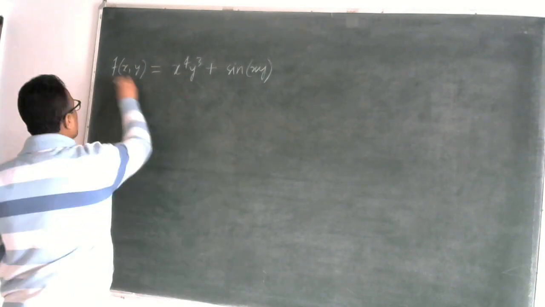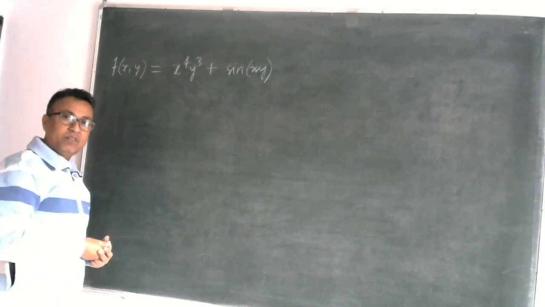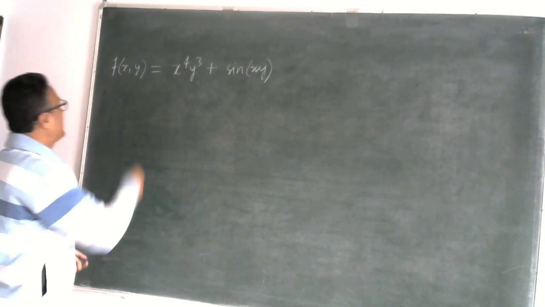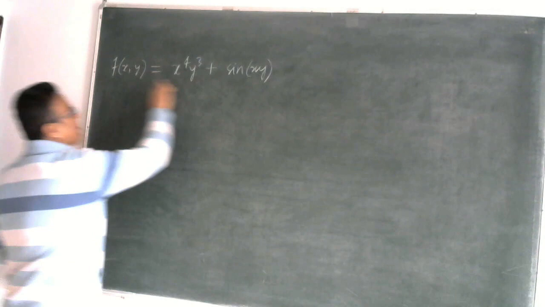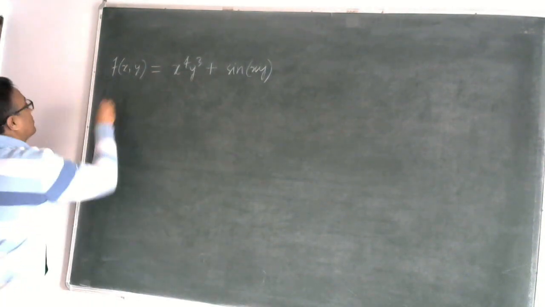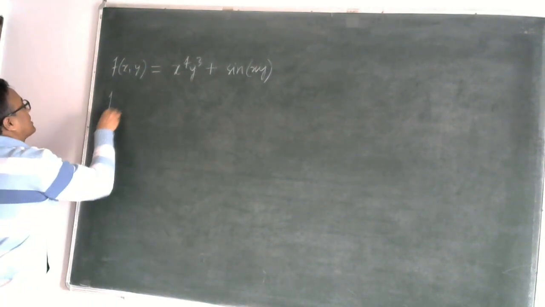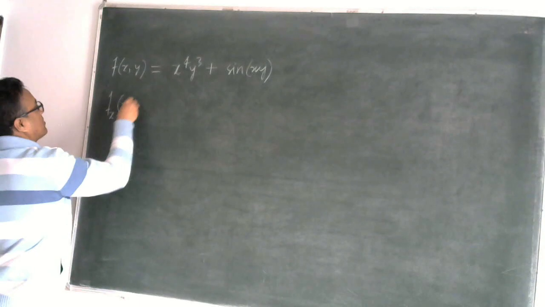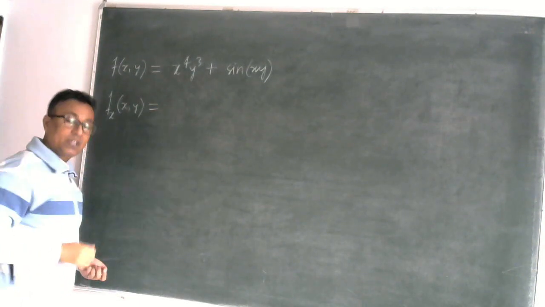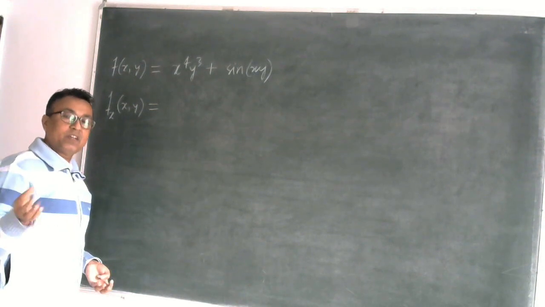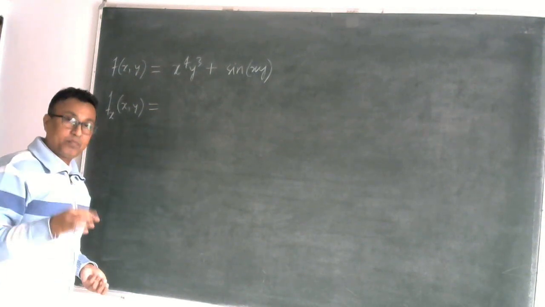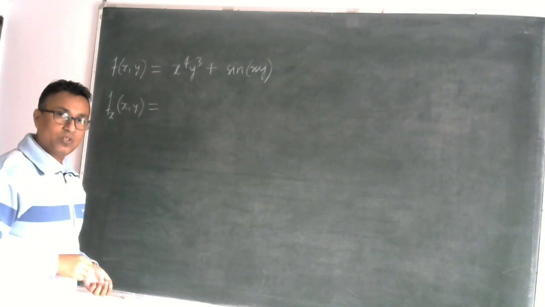When we were talking about finding the partial derivative of a function of two variables, suppose this is my given function. When we find the partial derivative of this function with respect to x, we are going to consider the variable y as a constant, because I am partially differentiating it with respect to x.